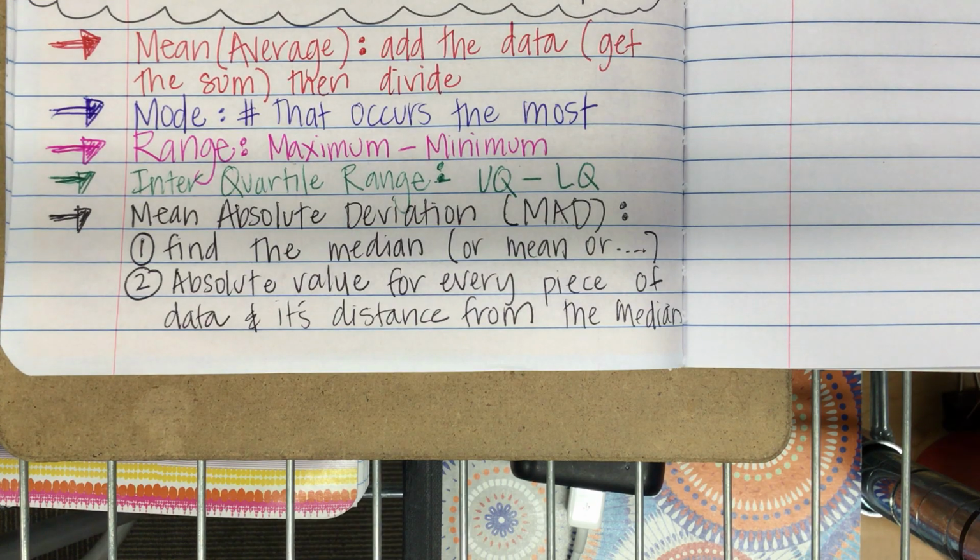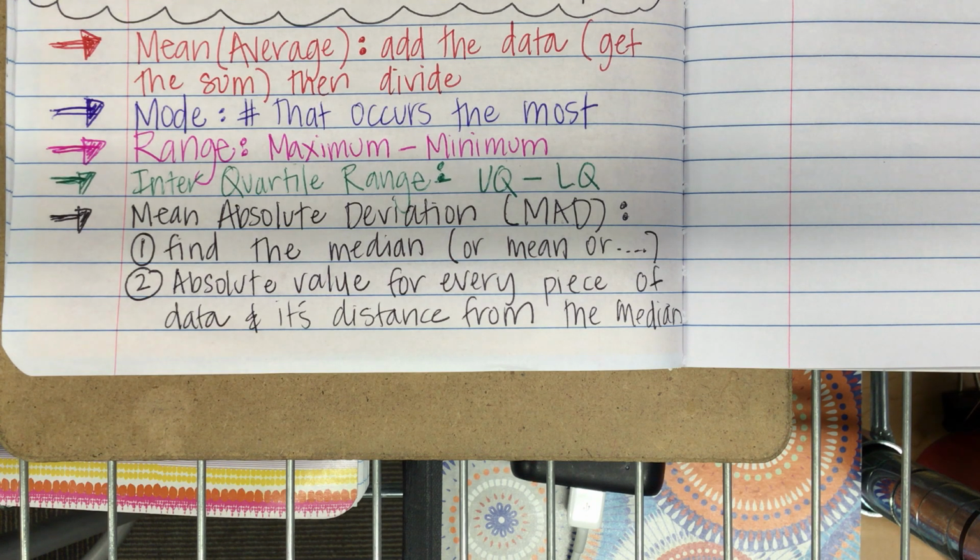So if we're finding the mean absolute deviation from the median, the first thing I do is I find the middle number. Then I'm going to look at every piece of data. And I'm going to say, if my median is 10, and I have a piece of data that is the number 11, how far away is that from my median? 1. And if my other piece of data is 9, how far away is that from my median? 1. I'm finding the absolute value of the distance each piece of data is from that desired number.